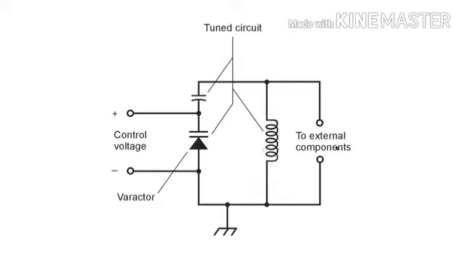When you have a circuit like this, you in effect have a tuned circuit whose frequency is adjusted by means of a voltage applied to these terminals right here. It's commonly done in VHF and UHF ham radio equipment, but also to some extent in HF ham radio equipment.